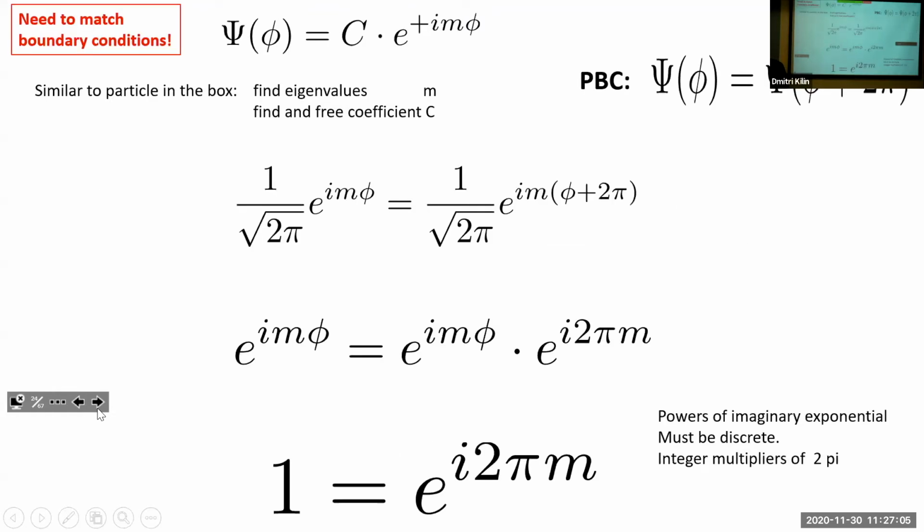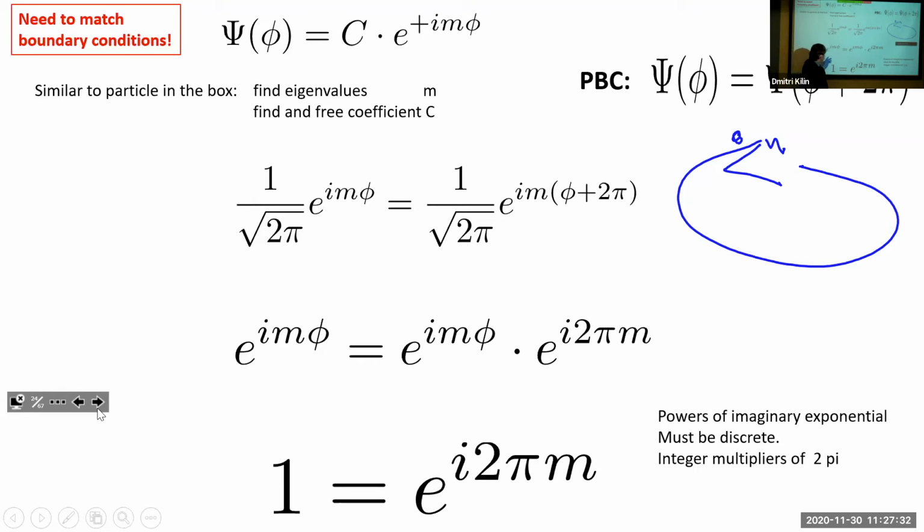So if we want to match the condition of this snake eating its own tail, right? Then we have this condition. So you can cancel out the normalization, although we spent a minute to get it.